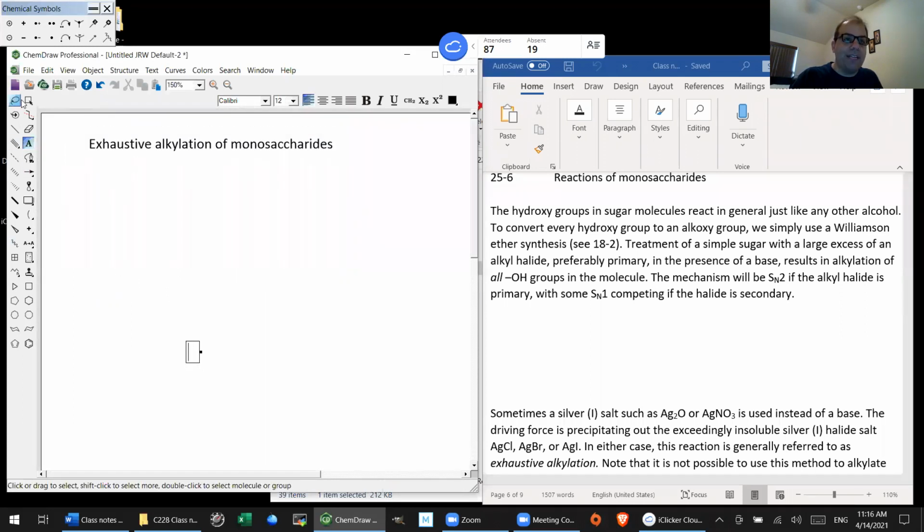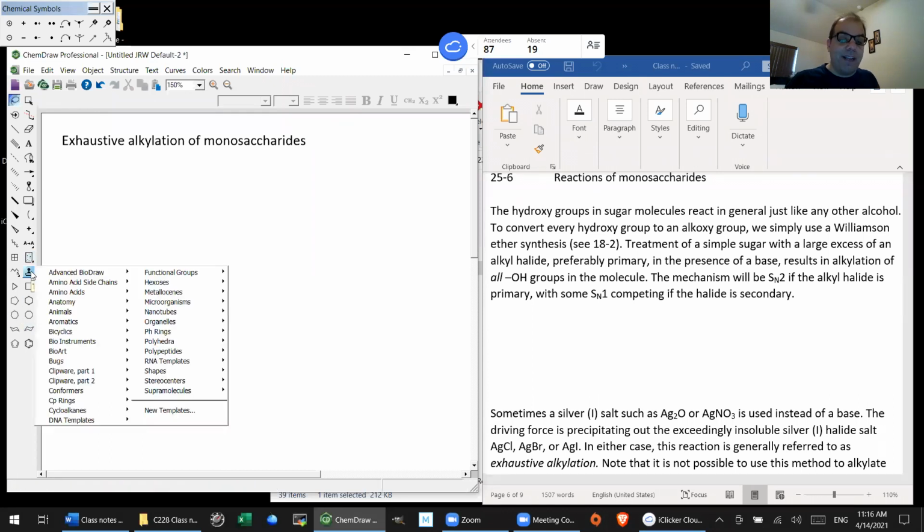That'll be easier to see now. So we already know how to put alkyl groups on OHs. That's called making an ether. And we already covered the Williamson ether synthesis. That was back in chapter 18, which I covered in Organic 1. Your professor may or may not have covered it, but I've left the chapter 18 class notes on eCampus, so you can brush up on that if need be.